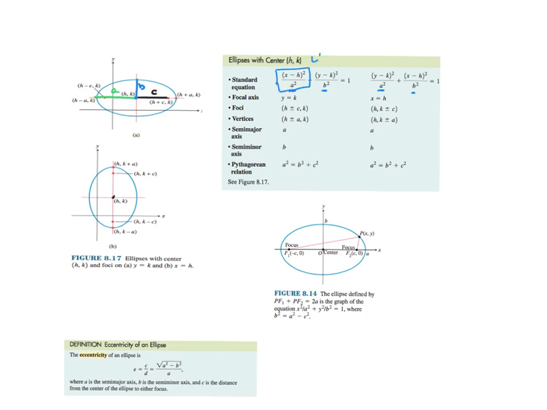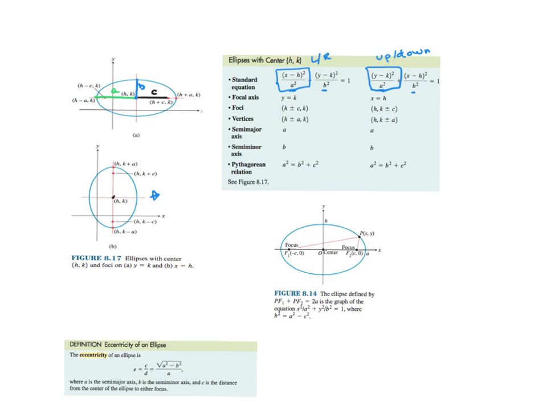So it's longer left and right. And if it goes up and down, like this example here, then the A value is under the y. And that's how you really tell which direction your ellipse is going.